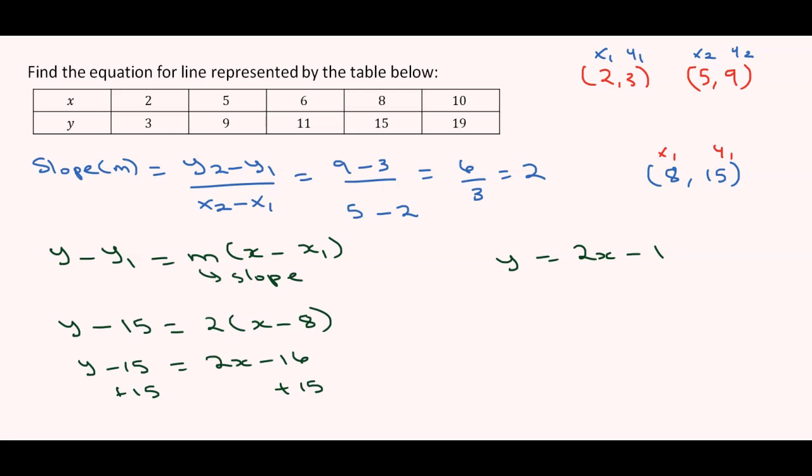I think that should be adequate. We're going to test one point here. Let's try 10, 19. So y equal to 2 multiplied by 10 minus 1, which is 20 minus 1, which is 19. So you can see that that point definitely works.